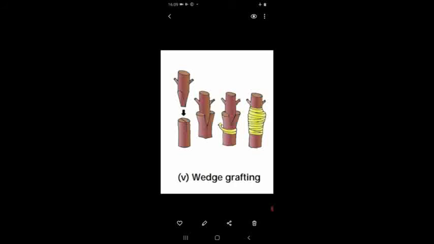So dear students, these are all the different types of grafting method with the diagram. I hope you all have understood what is grafting and its types. Next method of conventional reproduction is layering. What is layering?